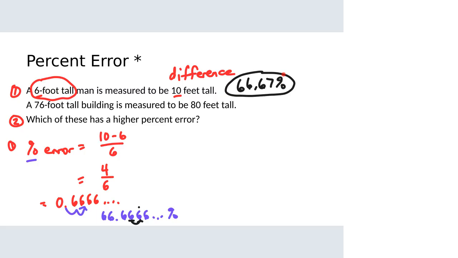Let me know if you have questions on what I did there to find that percent error. And if we are all good, what I want you to do is now answer this question: which of these has a higher percent error? I'll make a poll for it.